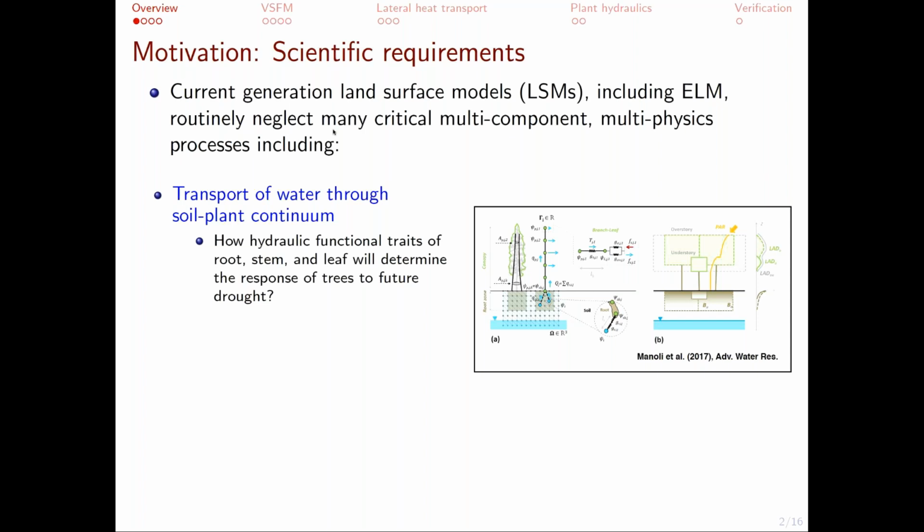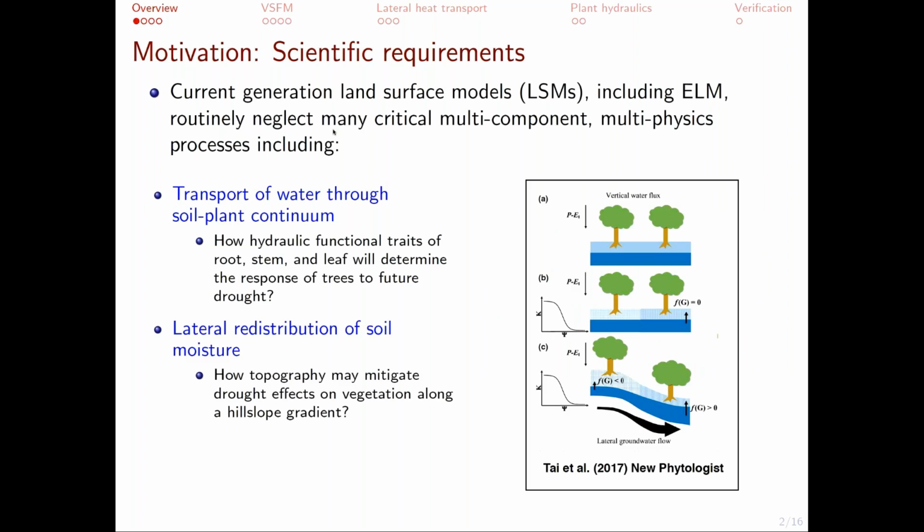That is, they only model vertical transport of water in the soil. But recent studies have shown that hydraulic traits of root, stem, and leaves have a very significant impact on the response of trees to future drought.